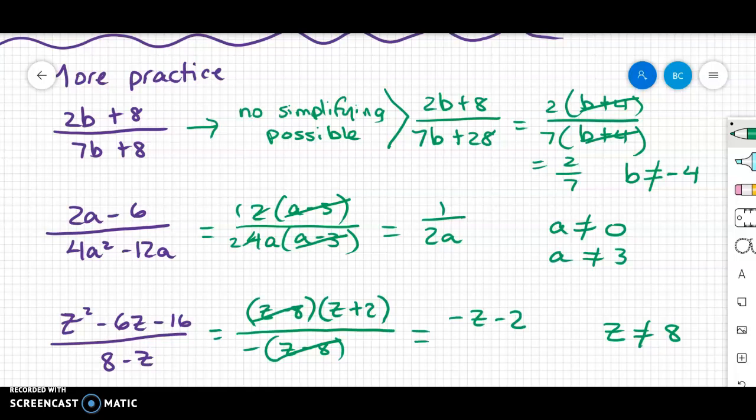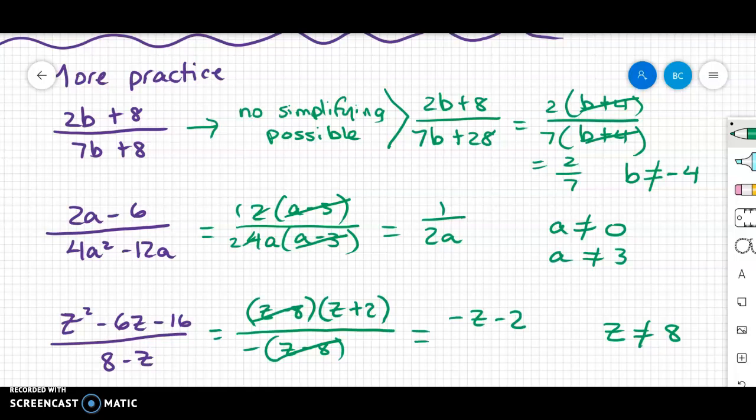I wouldn't always have to factor that negative out, but if I have something that I could cancel it with as a result, I want to do that. So again, only to give me something to reduce, but those two will go away, and then I have minus, and that doesn't matter if it's in the denominator or the numerator, so it's minus z plus 2. That minus gets distributed, so I get minus z minus 2.